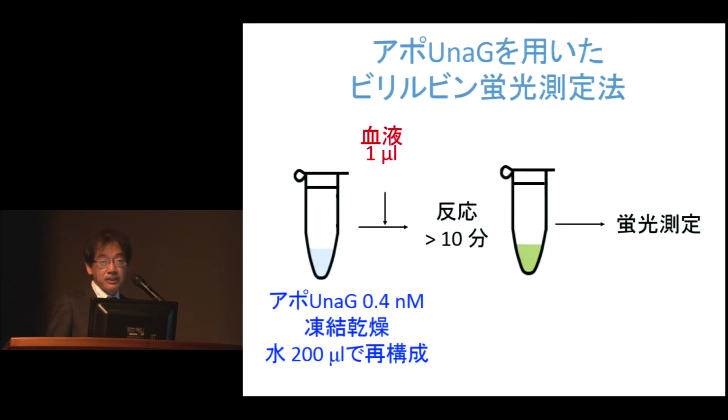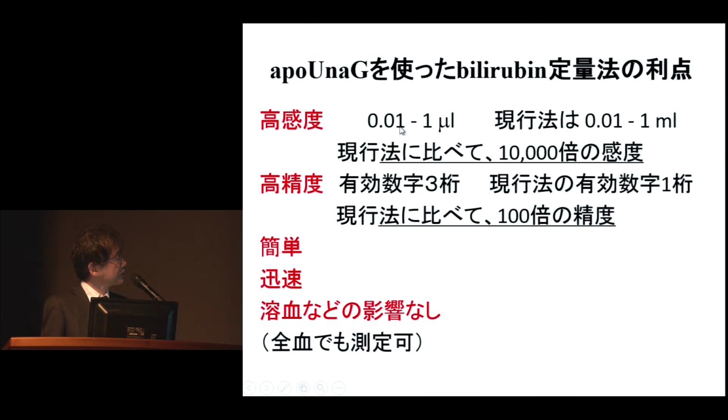To make a long story short, we generated a fluorometric method for bilirubin measurement, just using our apo-Unagi protein expressed in bacteria. This is highly sensitive, precise, simple and rapid. For example, our method is 10,000 times more sensitive than the current method.